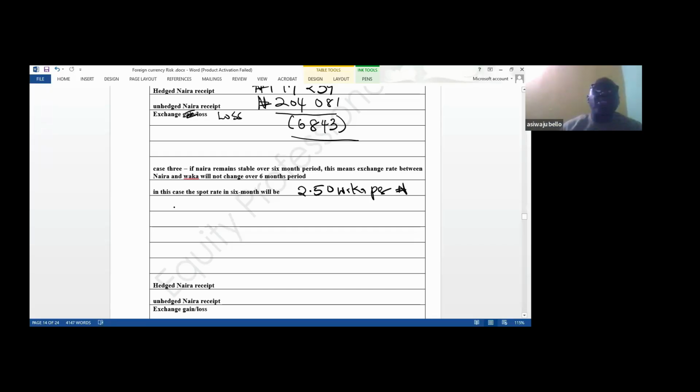You can now get your unhedged naira receipt. Don't forget, indirect quote, divide. Divide the foreign currency by the exchange rate.